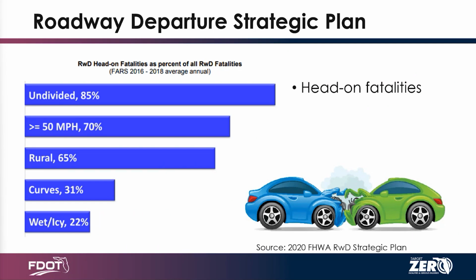And we've also seen that undivided highways will continue to be a focus into the future. And the crash data also indicated a focus should be on high-speed roads with an emphasis on rural areas. But we don't want to ignore urban areas. Those are still a big issue, but rural is definitely a larger proportion.